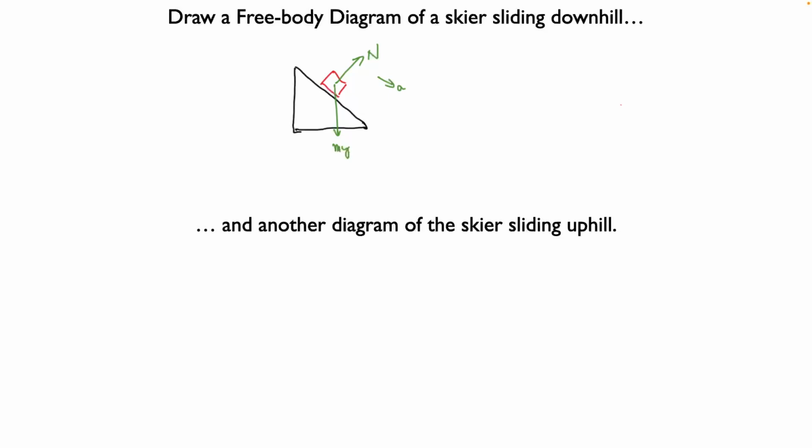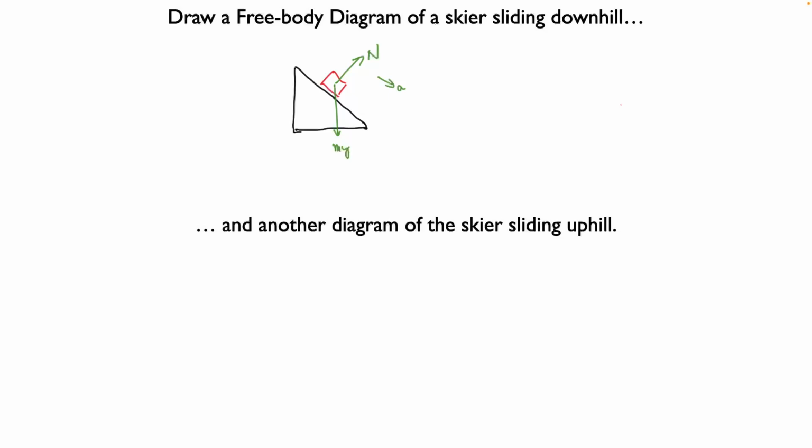Okay? But now that I have assumed that the acceleration is down the slope, I have to put a coordinate system on this diagram. This is where it's going to get a little bit strange, and you're just going to have to trust me for a while here. Let me give you a rule of thumb that's going to help you.